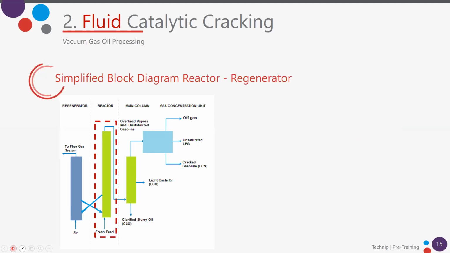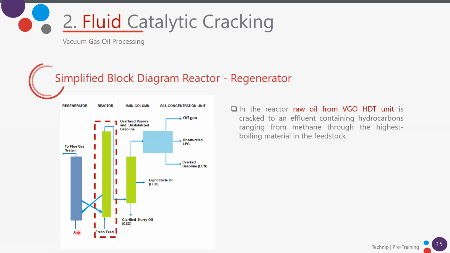So in the reactor that you will see here, the raw oil, so our feedstock from the VGO HDT hydrotreating unit, is cracked to an effluent containing hydrocarbons ranging from methane through all the hydrocarbons through the highest boiling material in the feedstock. Okay, so here we have our VGO, and here we have our product, our cracked hydrocarbons.